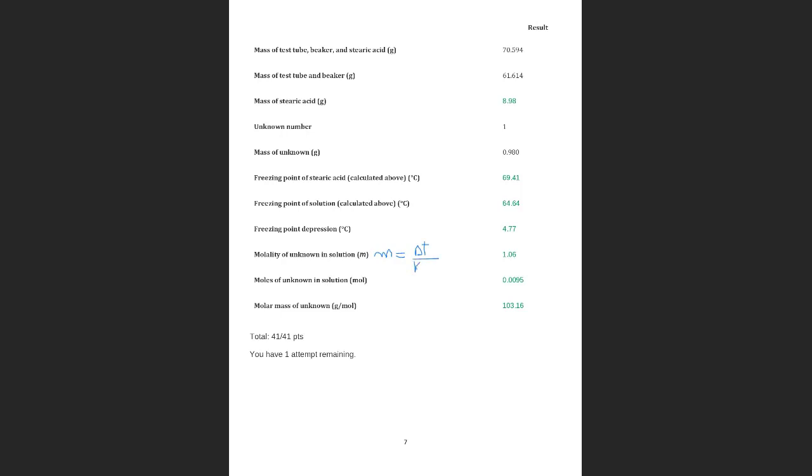I'm not sure if I got the right constant, but you have it in your report. I think it is 4.5. Okay. So once you have the molality, how are you going to calculate the moles?